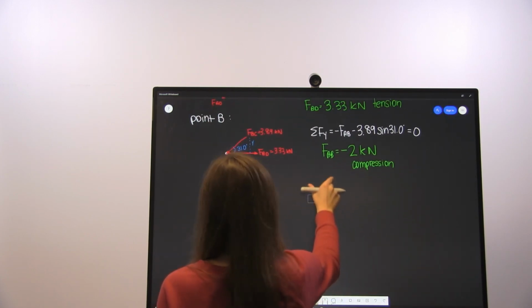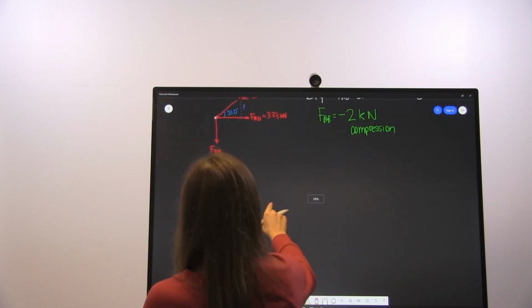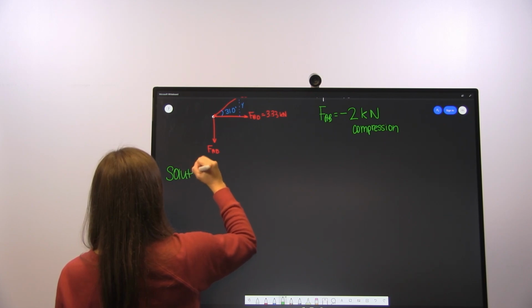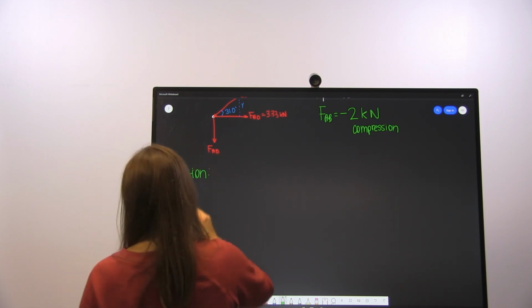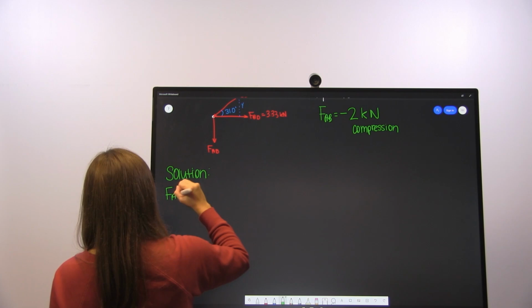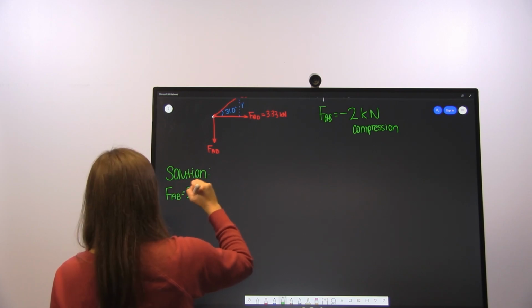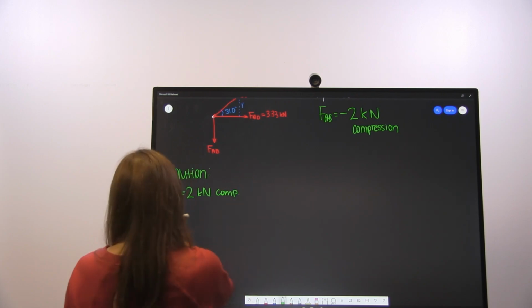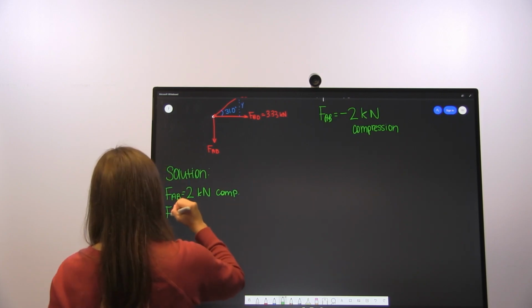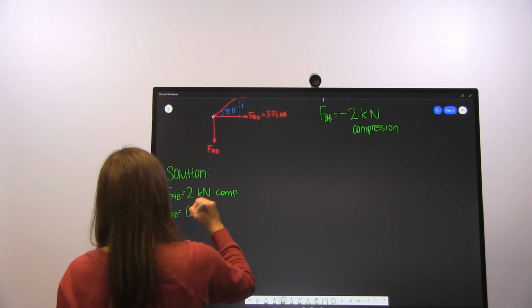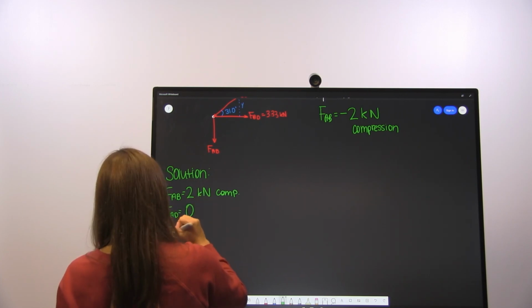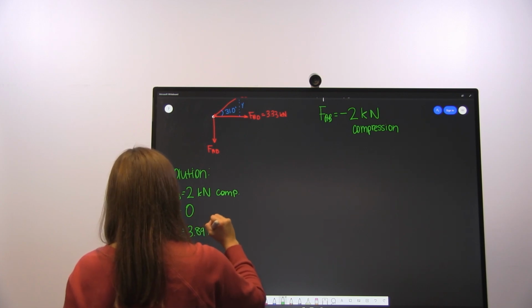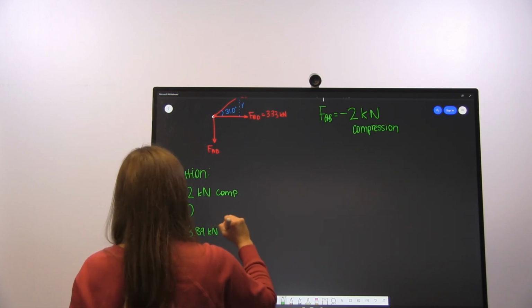So from here, we can rewrite our solution. It's going to be kind of crazy. We have all these different values. So our force AB is equal to 2 kilonewtons compression. Force AD is equal to 0. Force BC was equal to 3.89 kilonewtons compression.